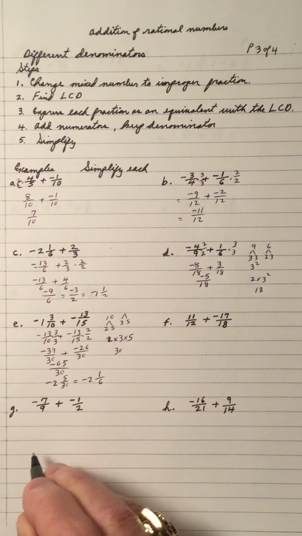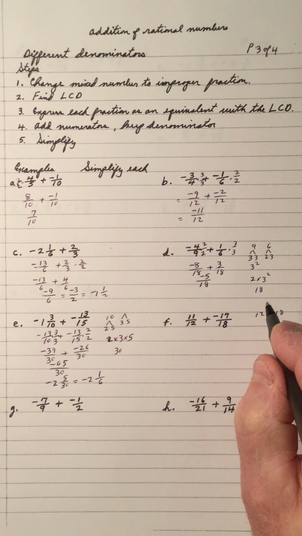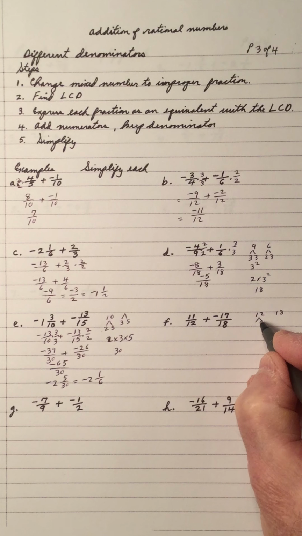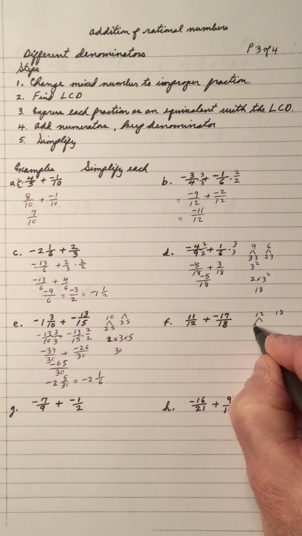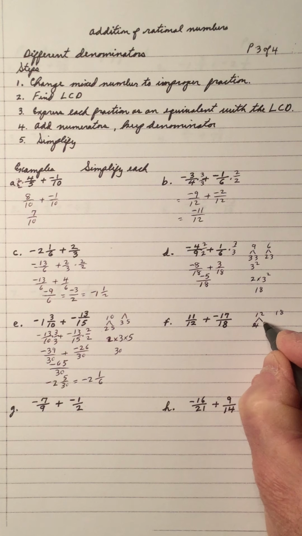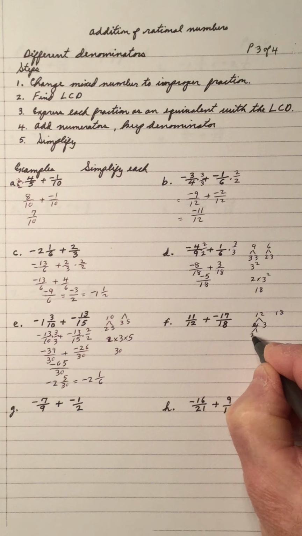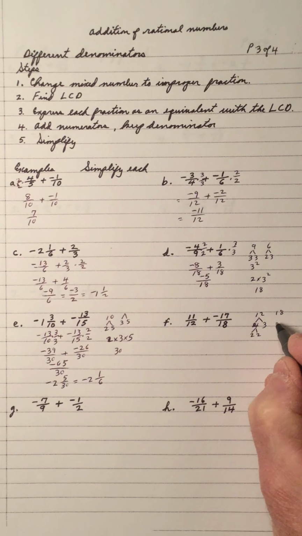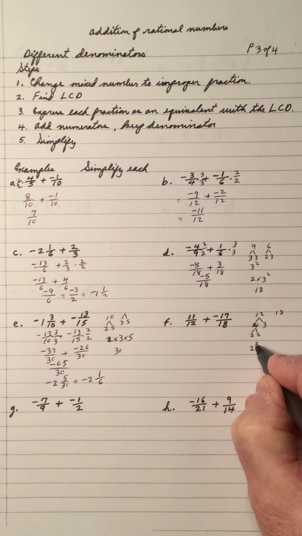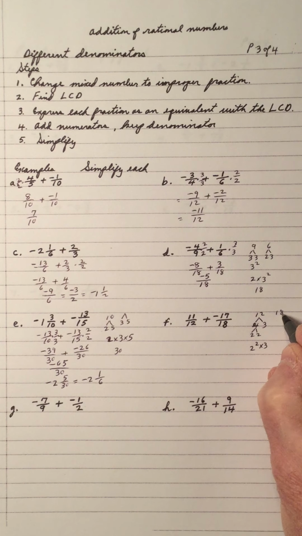And 5 goes into 5 once, 5 goes into 30 6 times. 12 and 18, if you can't see it right away, we break it down. 12 is 4 times 3, and the 4 is 2 times 2. So that's 2 squared times 3. 18 is 2 times 9, which is 3 times 3.